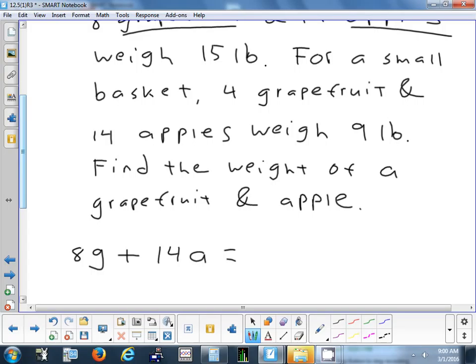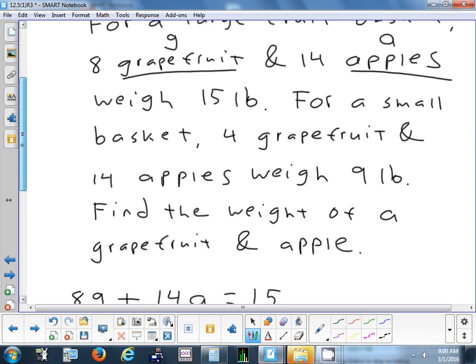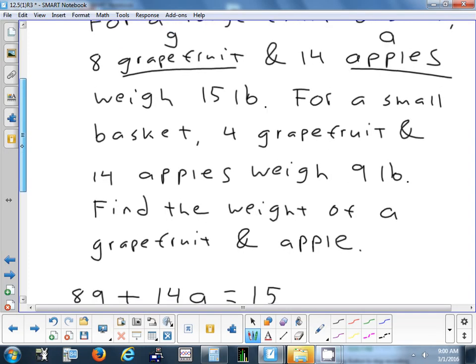All right, can somebody tell me again, how much does 8 grapefruit and 14 apples weigh? 15 pounds. Okay, any questions so far?